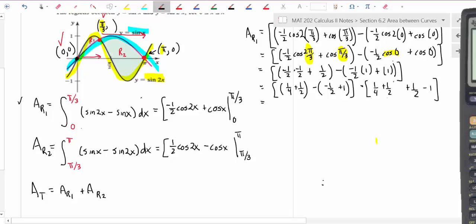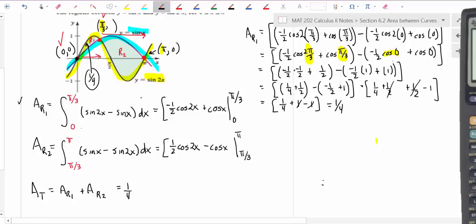We have a half and a half as a whole, so it looks like we have 1/4 plus 1 minus 1. Those cancel out, so that area is going to be 1/4. So we know that the value of region 1 is 1/4.